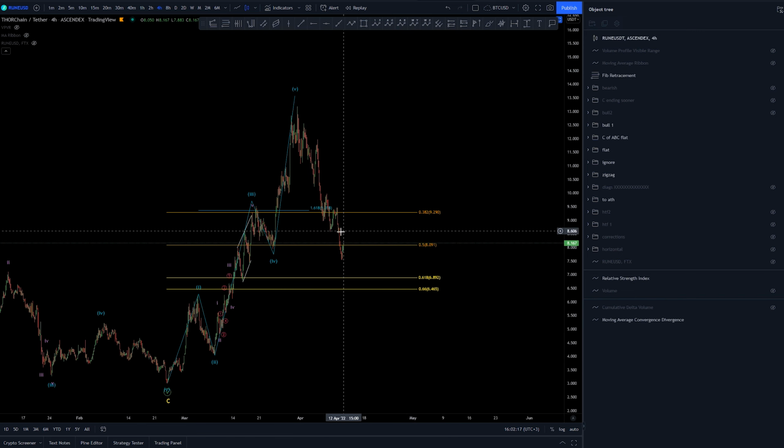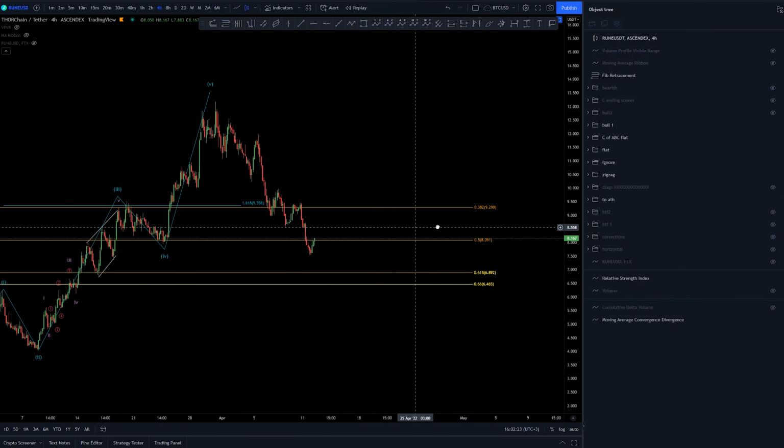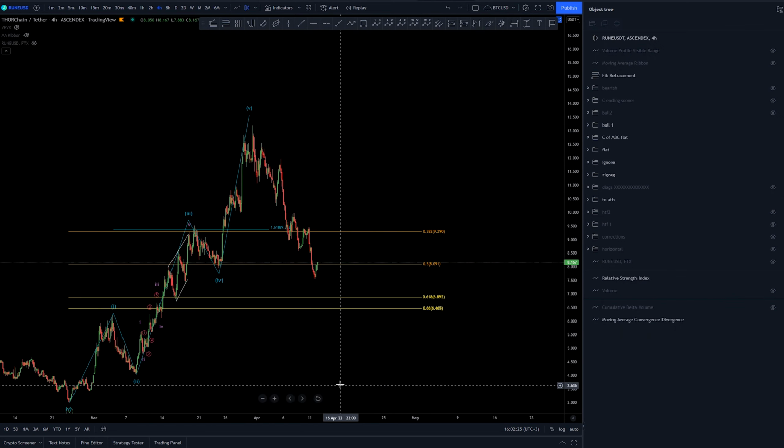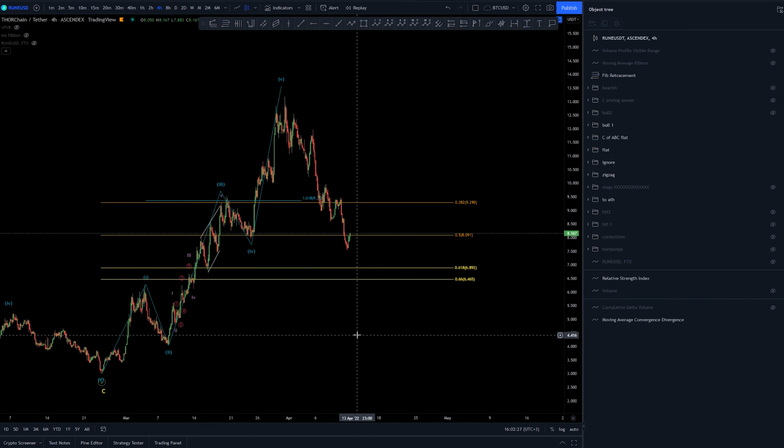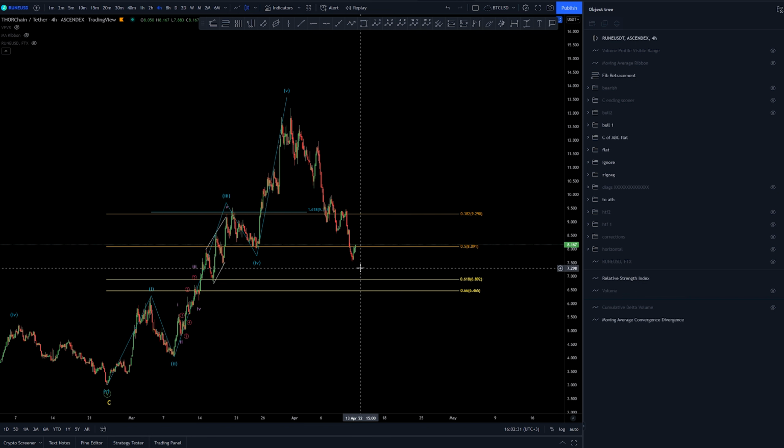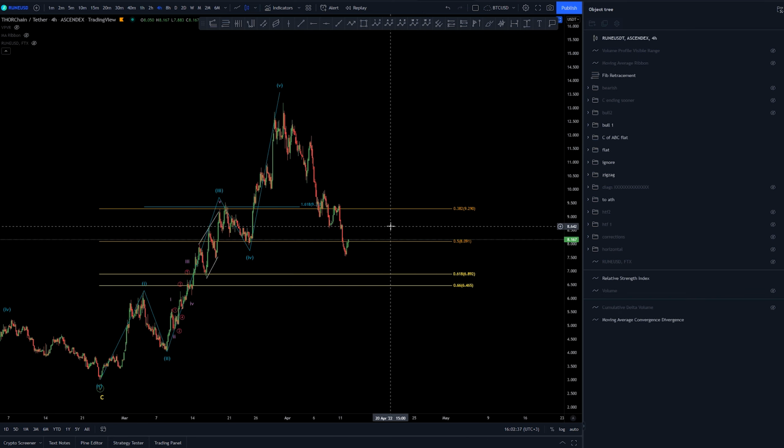On arithmetic scale we've already hit the 0.5, which is qualifying it for another impulse up if it chooses to go. For this to go, we would need Bitcoin to go up as well. So just keeping that in mind while we're looking at all these alts, we need Bitcoin to do something at least.